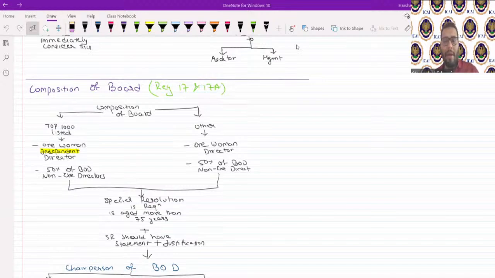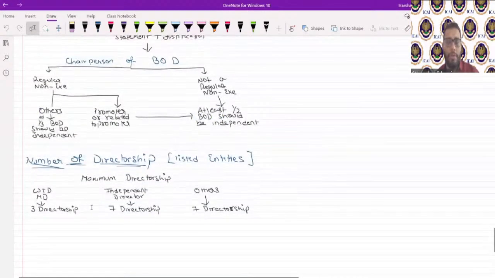And when we are checking compliance to the conditions of corporate governance, we need to also check whether these conditions are fulfilled or not. Any doubt, guys? No doubt? Okay.